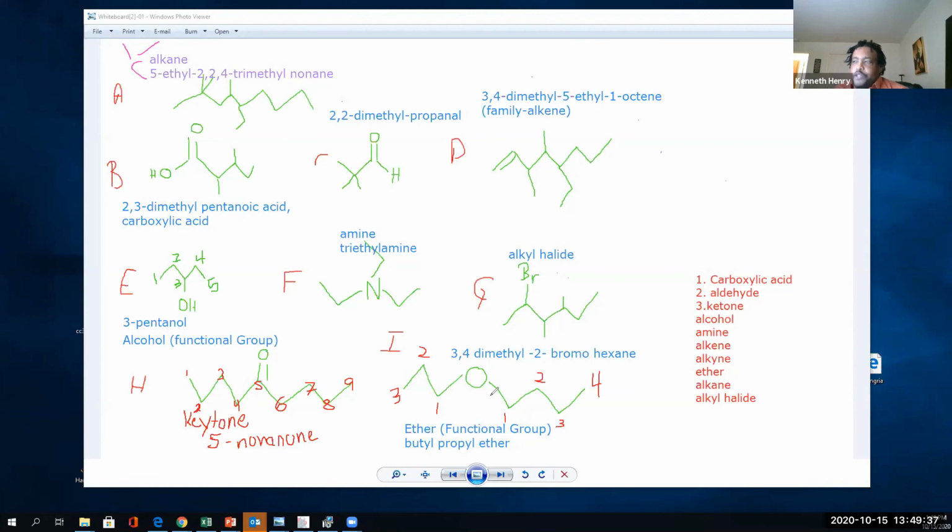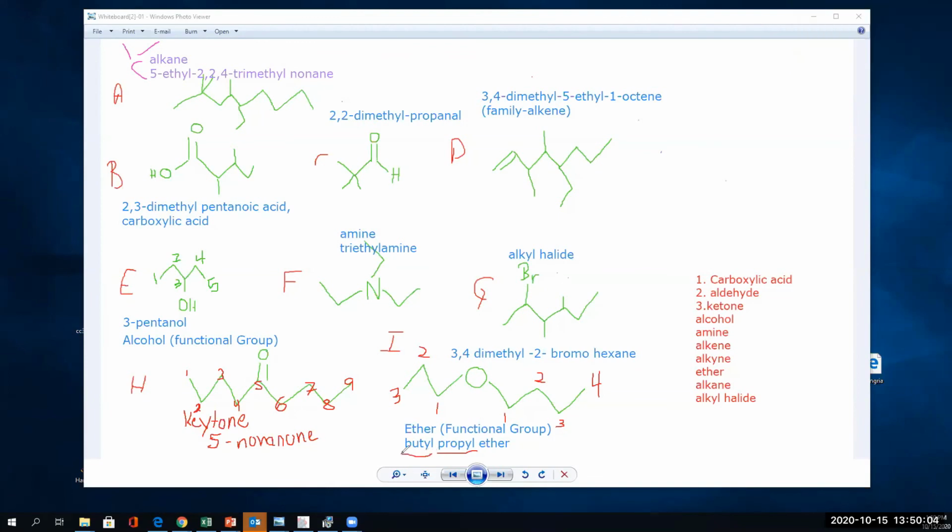Oxygen right there is in the middle. So then you count the first carbon. 1, 2, 3. What is the 3 carbon? Propyl. Okay, so that's where we get that from. And then in alphabetical order. On the other side, 1, 2, 3, 4.